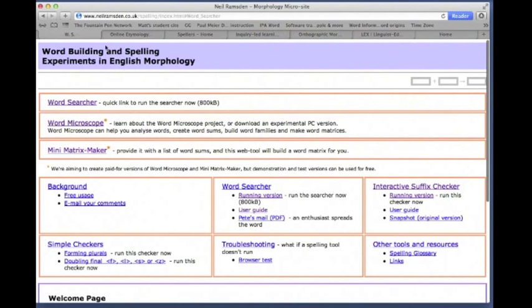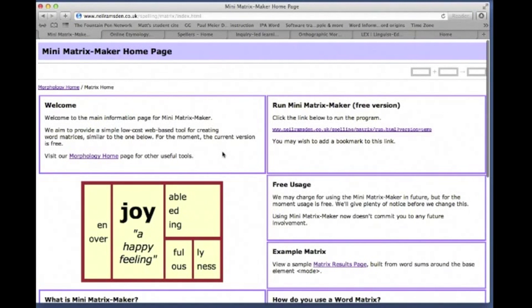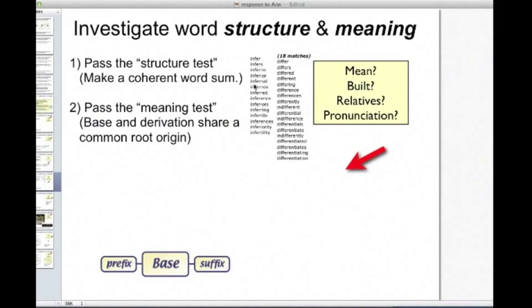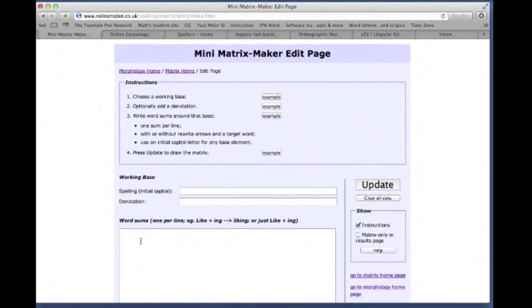And here, this page is from Neil Remsen, and you have this word searcher, the word microscope that I highly recommend, but on my Mac, I need to use the mini matrix maker. And if you go here, and I can run this version here, watch what I can do. I'm going to take some of these words from here, well, I'll take them all, and I'll paste them in here.